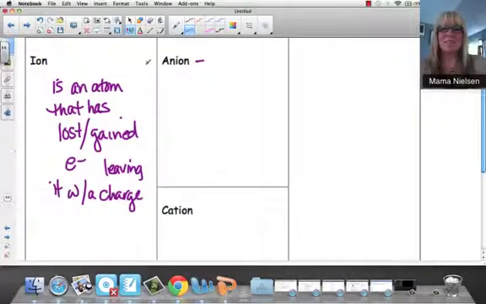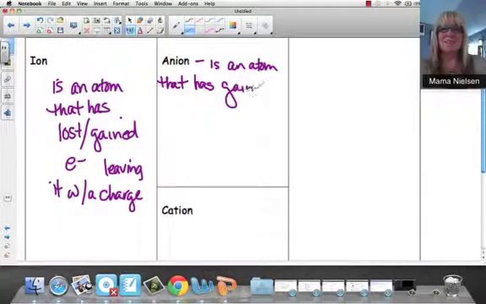So let's start with anion. There are two types of ions, anion and cation. We have to distinguish between the two because one of them has lost and one of them has gained. So an anion is an atom that has gained electrons.